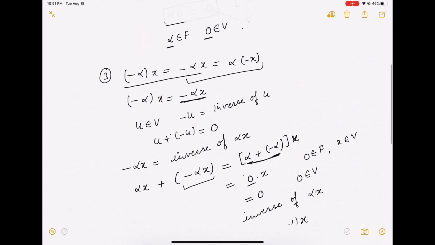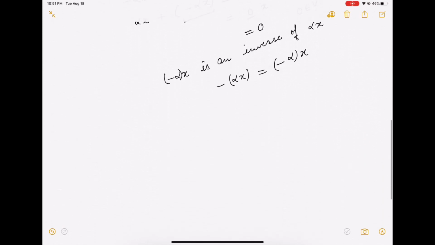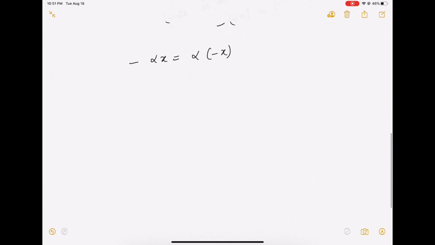Similarly, next we show that minus alpha x equal to alpha minus x. Again we add alpha x and alpha dot minus x.